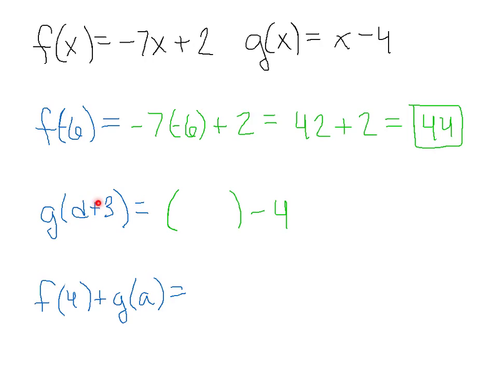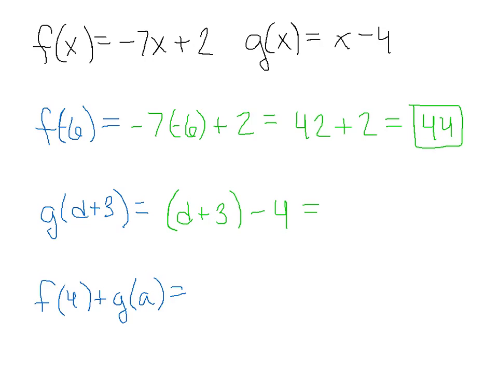My x value in g of x is now d plus 3. It is okay to have a variable. So if that's the case, I'm going to plug in d plus 3 to where x used to go. It's okay to have a variable. We're not always going to have a number as an answer.